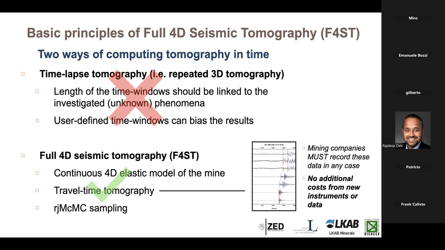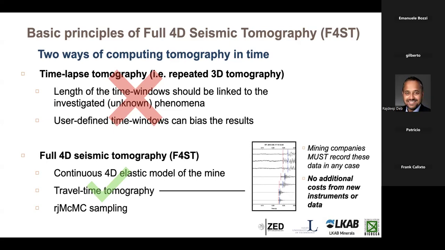There are other seismic tomographies, as you probably know, but we use travel time tomography because the arrival times of the seismic events induced in the mine are already collected by the mining company. So we don't need additional cost for producing the data. You just get the data from the mining company, and we can use them with the tomography.